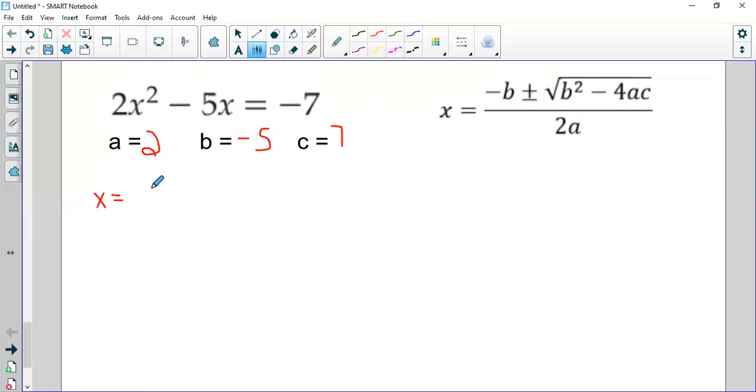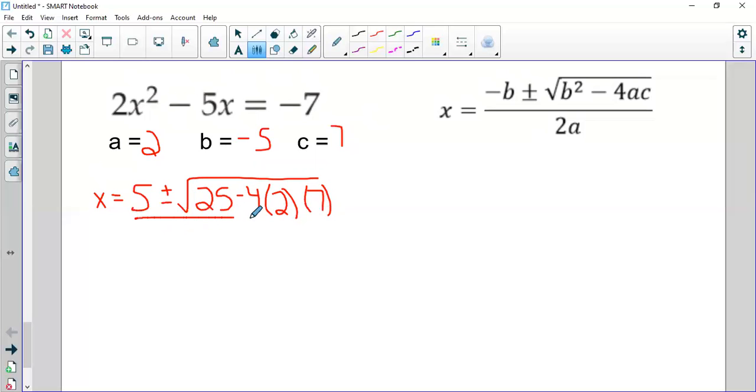X is equal to negative B gives me positive 5 plus or minus square root of B squared gives me always positive, 25 minus 4 times A times C, all over 2 times A, 4.